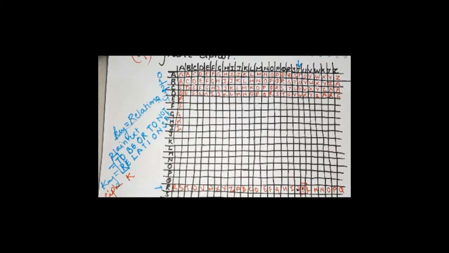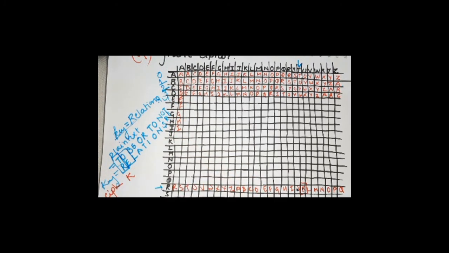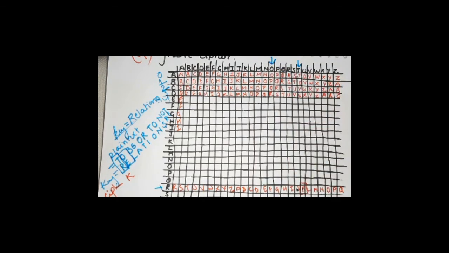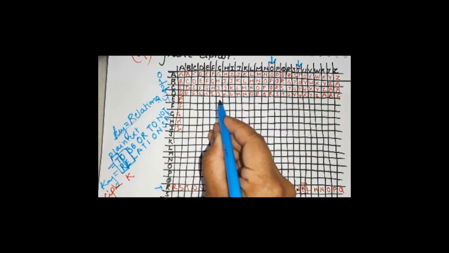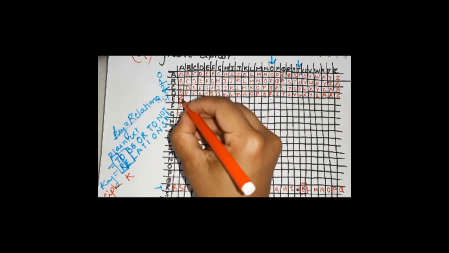Similarly, moving ahead, for O and E, please find out the intersecting value. O is here and E is somewhere here. This is the intersecting place.